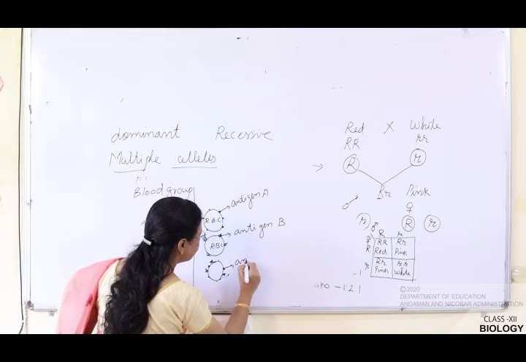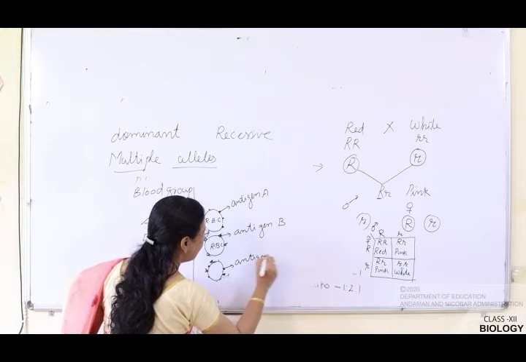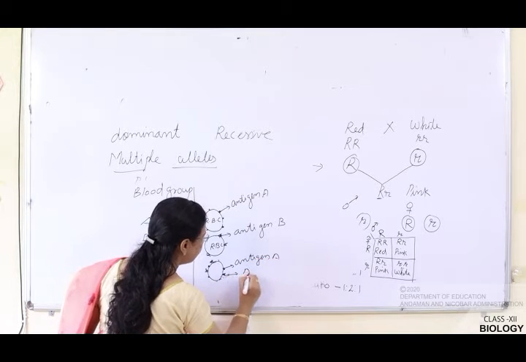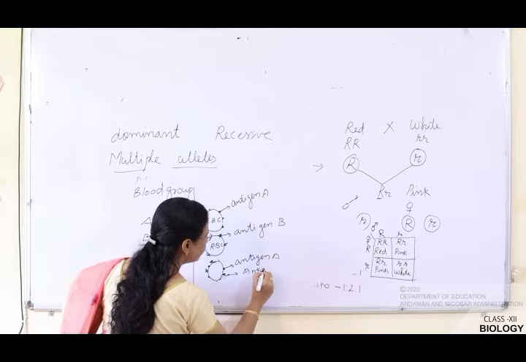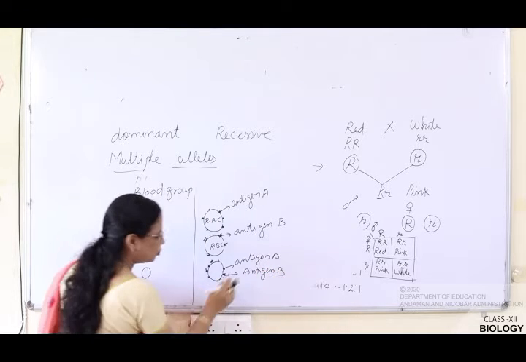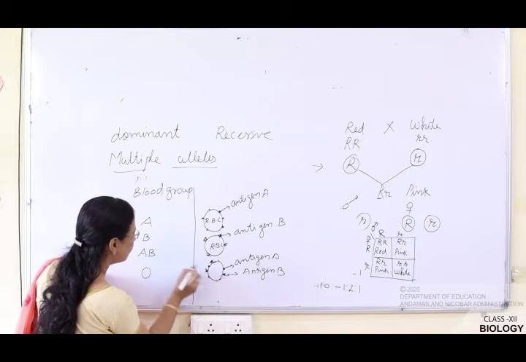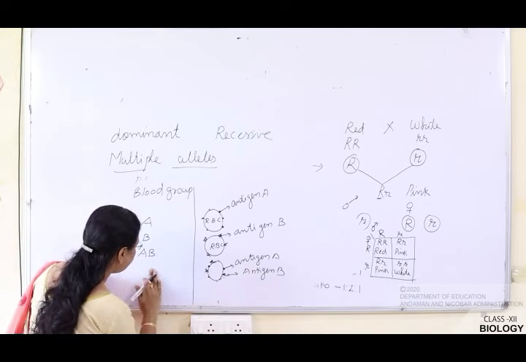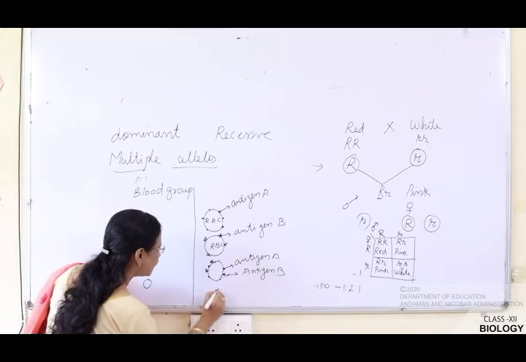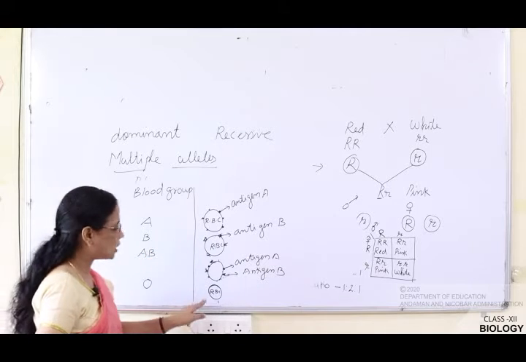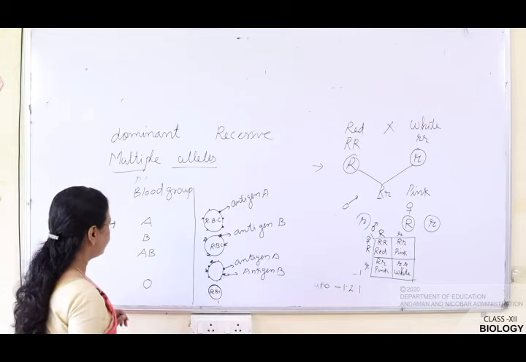Suppose this is antigen A and this is antigen B. Due to the presence of both the antigens, this blood group is showing AB. And in O, RBC do not have any antigen.